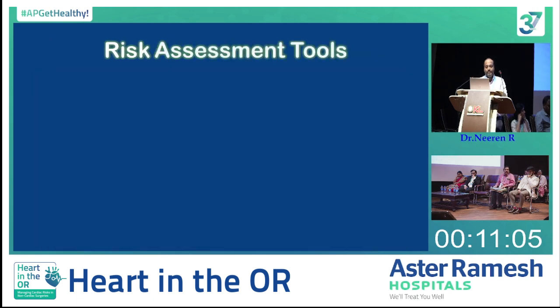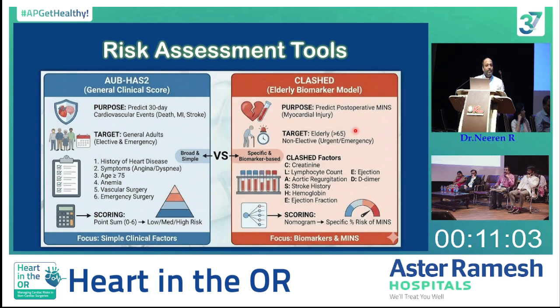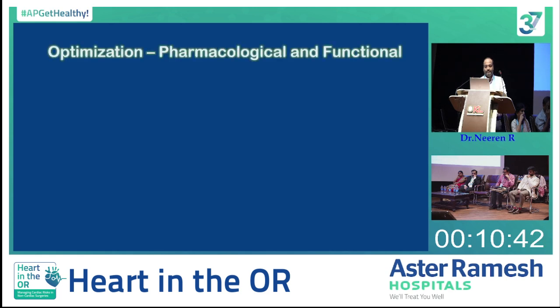So these two new models are, I would say, most appropriate to assess perioperative sepsis risk, especially when it comes to emergency surgeries. For elective surgeries, AUB-HAS2 can also be used when assessing the perioperative sepsis risk.